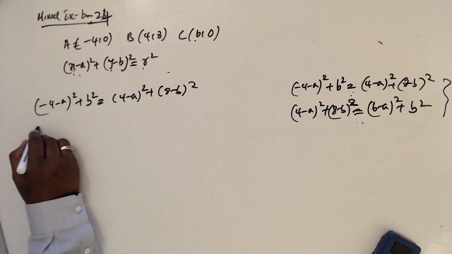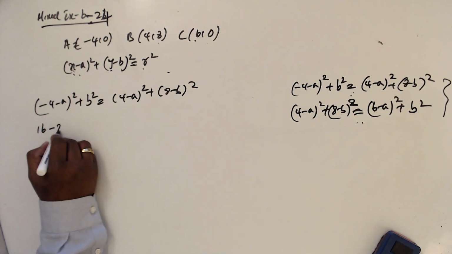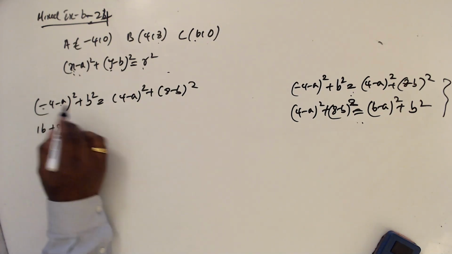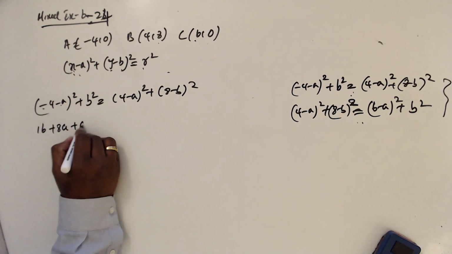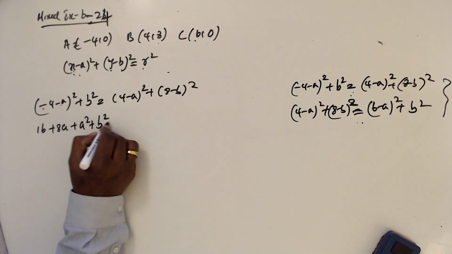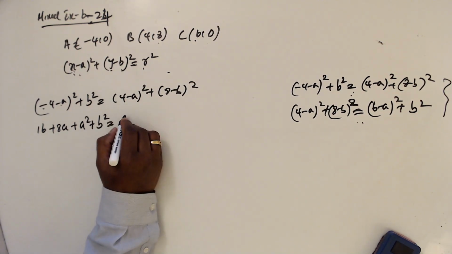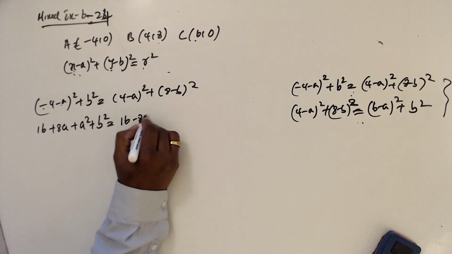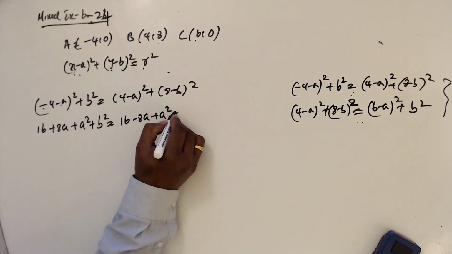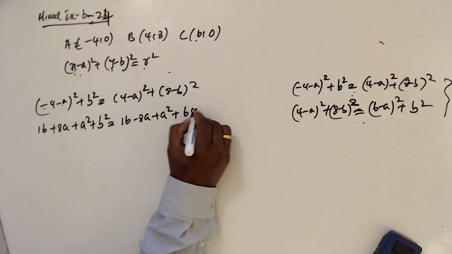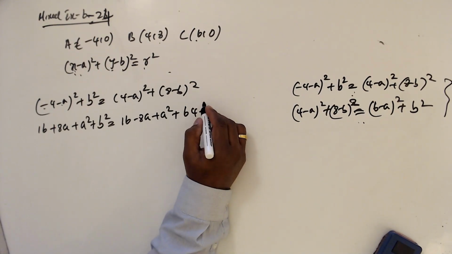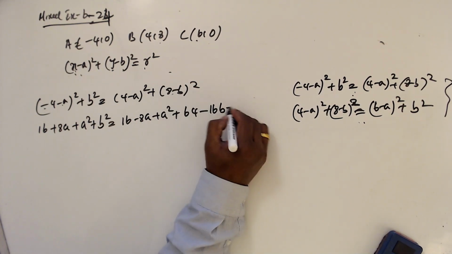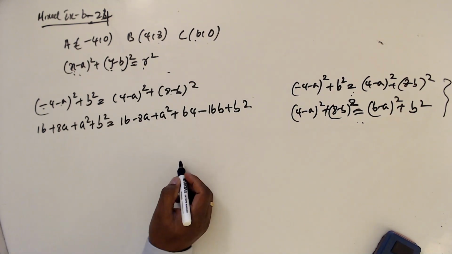So this is going to be 16 plus 8a, both are plus, and a² + b² equals 16, then this is minus 8a plus a², and this is going to be 64, and this is minus 16b plus b².